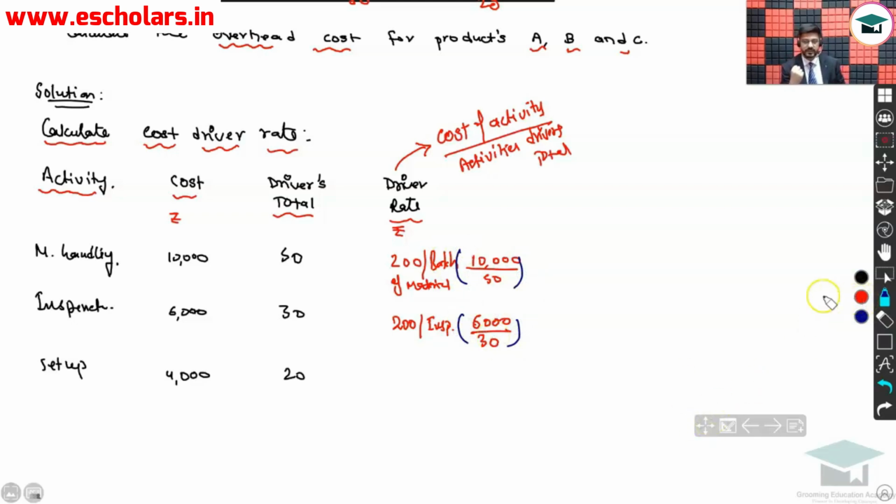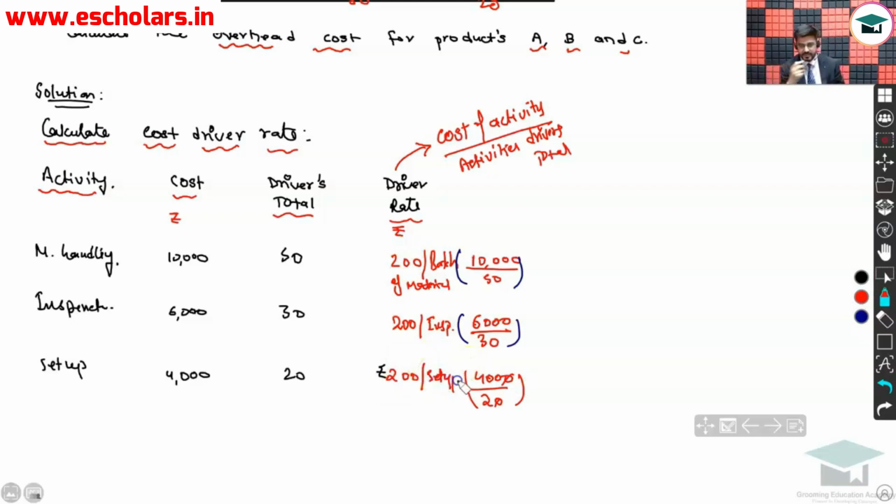Now the third activity, which is setup cost. What is my setup cost? 4,000. What is my number of setups? 20. So this will give me again 200 rupees. This is just a coincidence that all are coming exactly the same. So rupees 200 per setup.